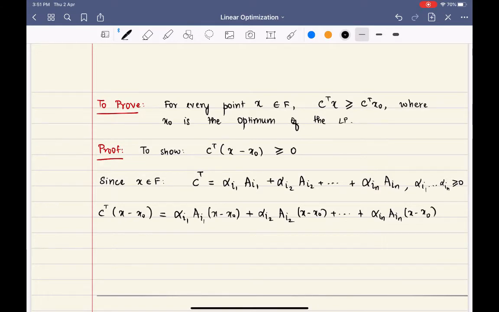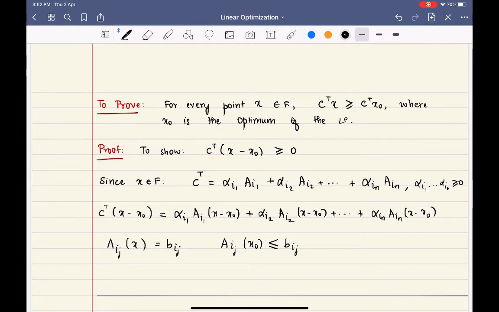Now what do we know? a ij of X will be b ij, because at X we have equality for these constraints. Now what do we know about a ij of X0? Since X0 is feasible, it has to satisfy the constraint.